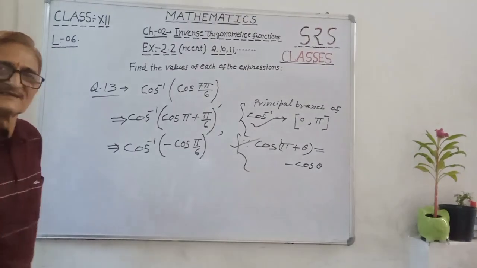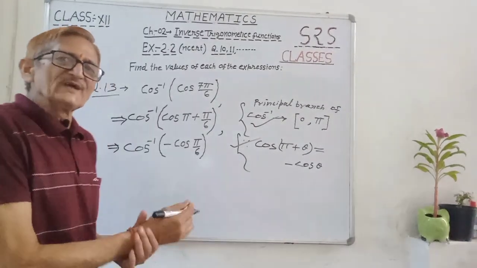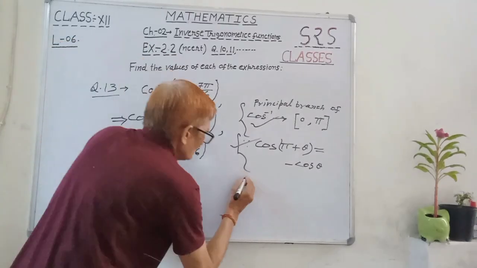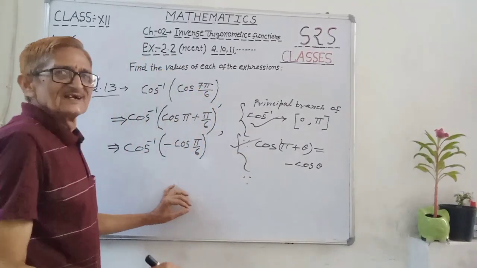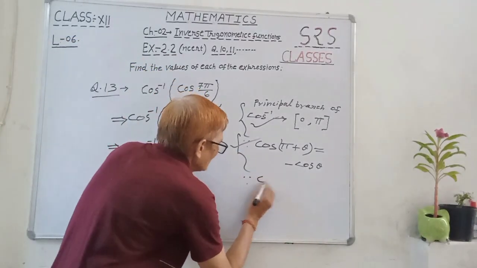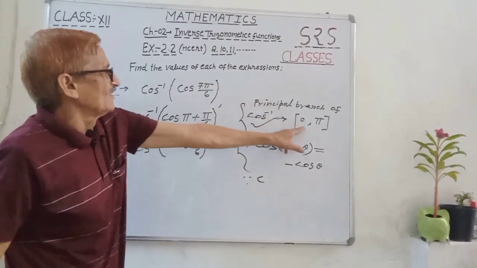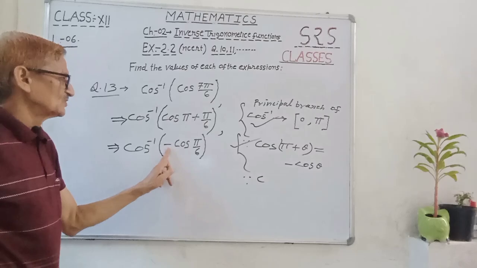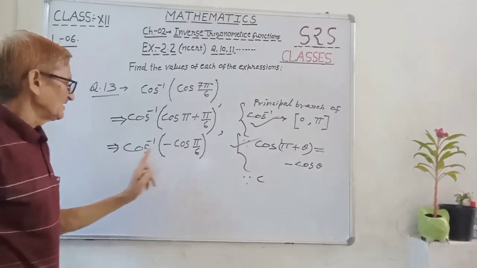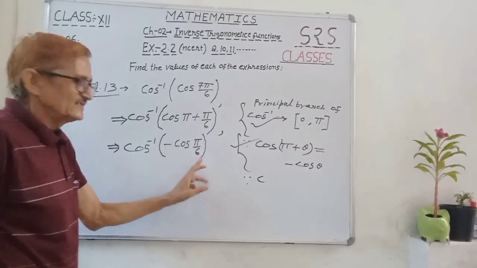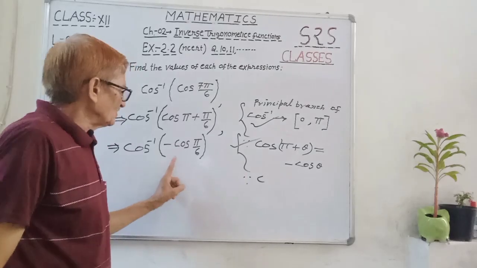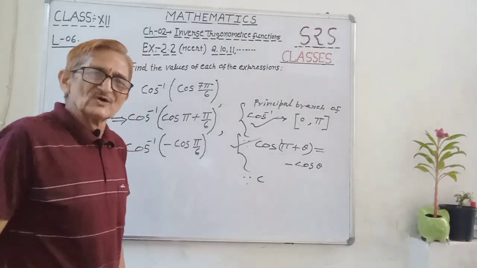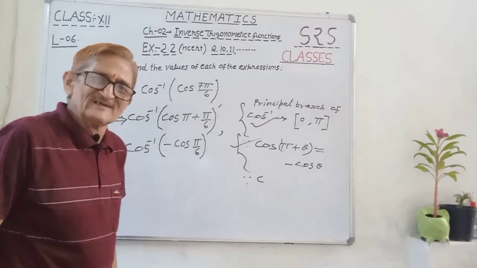Yes, understood? Now how can we write minus cos theta? Minus cos theta, one more formula. We want to take it in the second quadrant, because the branch is the second and first quadrant. The negative is outside and pi by 6 is inside, so we cannot use that property to push the negative inside, because minus cos theta we can't write as cos minus theta, since cos minus theta is cos theta only.